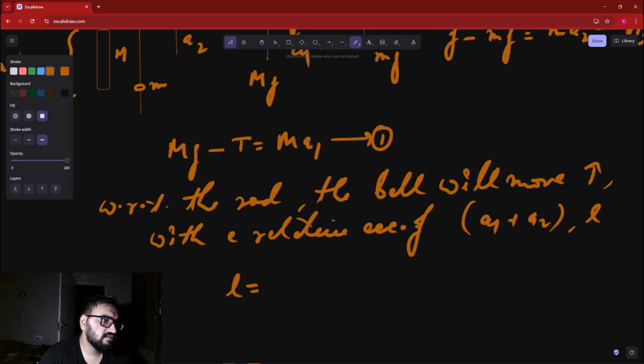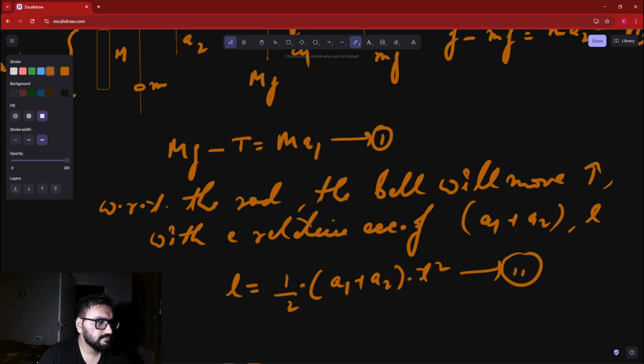So L, that is the total displacement of the ball with respect to the rod, is equal to half times the acceleration of the ball with respect to the rod, that is a1 plus a2, into t square. This is my third equation.